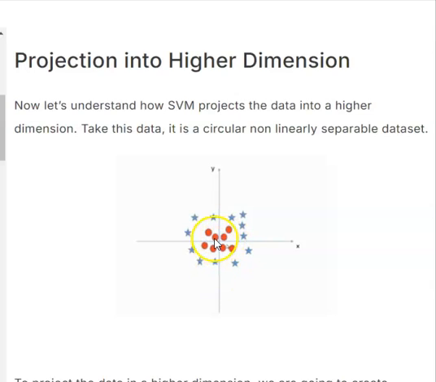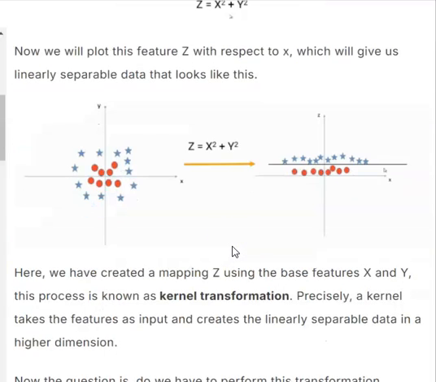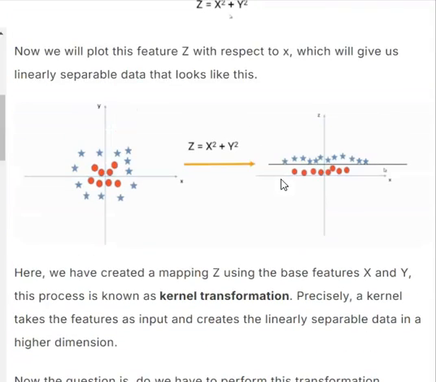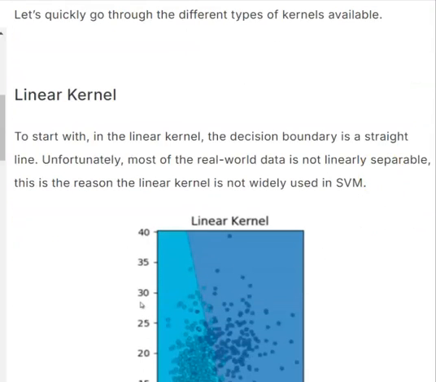When you extend this towards your end, you can see the red would be in one circle and the blue would be in another circle. This is basically called the kernel trick. So why could the support vector machine handle complex cases also? Because of this kernel trick. There are different kernels also, and we are going to discuss them.